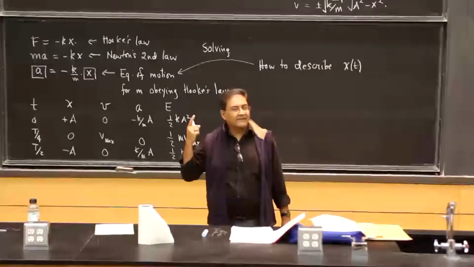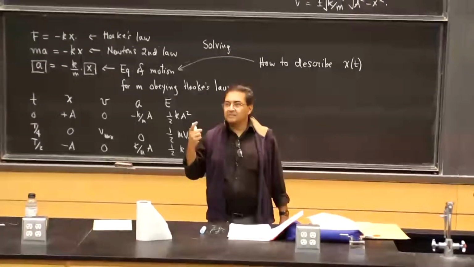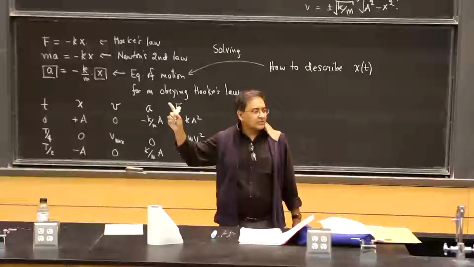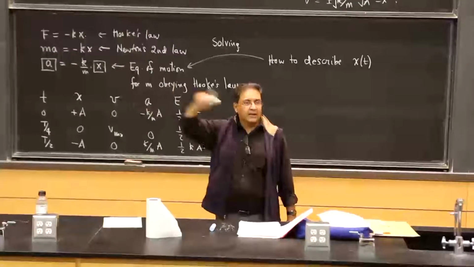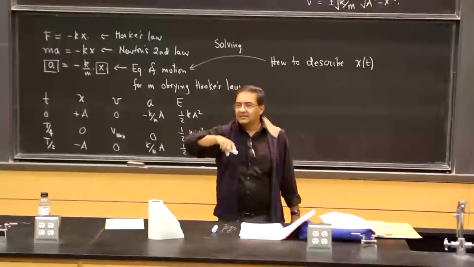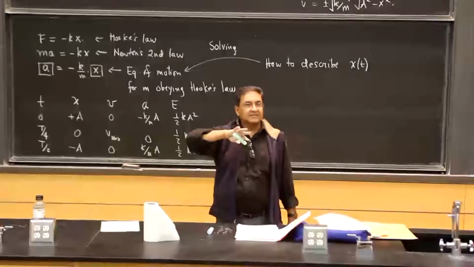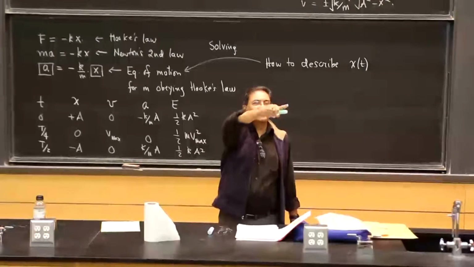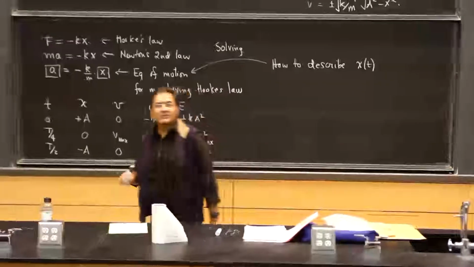No, it's not a parabola. How do you describe an oscillatory function? A wave. It's a wave. What is it? Is it a cosine? Cosine or a sine? Same? Yeah, it's a cosine function or a sine function.